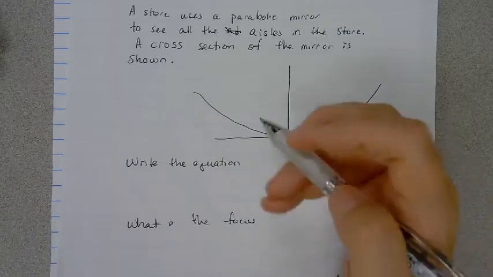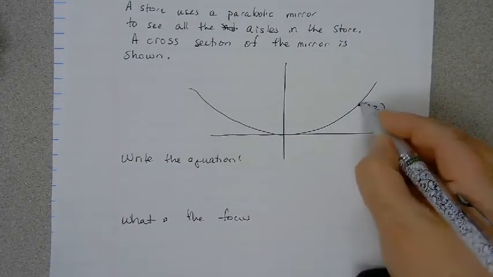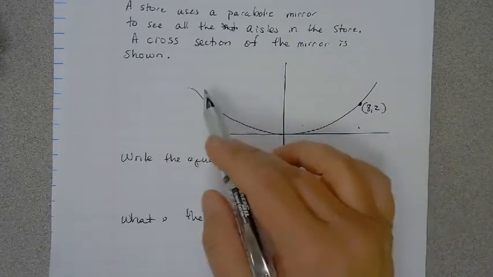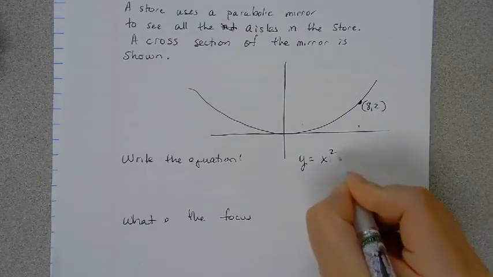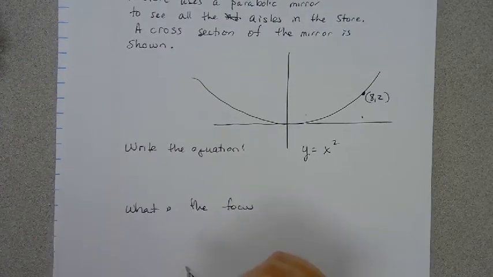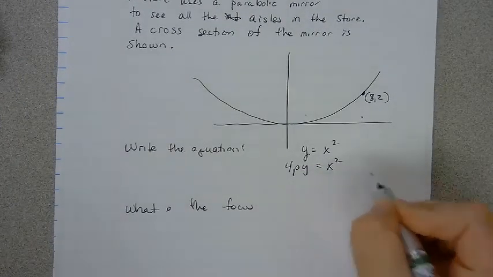Let's write an equation. So here's what happens. I know that there's a point right here at (8, 2). I know that this one faces up, so it's going to be an x squared equals y type equation. And if I'm thinking about the focus, I'm going to say 4py equals x squared.